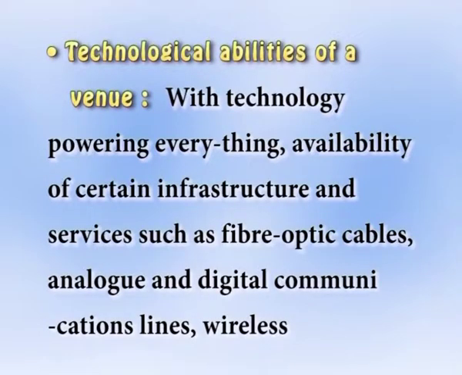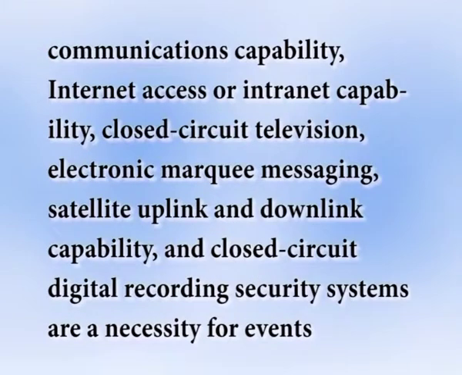Technological ability of a venue. With technology powering everything, certain infrastructure and services such as fiber optic cables, analog and digital communication lines, wireless communication capability, internet access, closed circuit television, electronic marquee messaging, satellite uplink and downlink capability, and closed circuit digital recording security systems are a necessity for events.